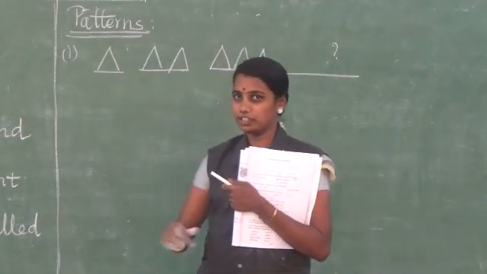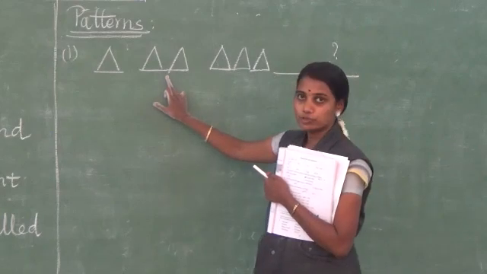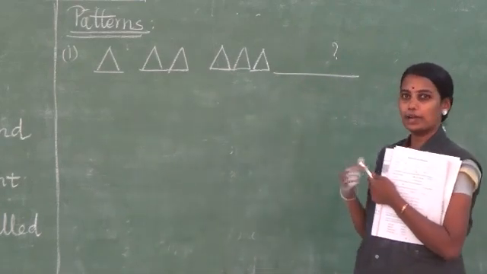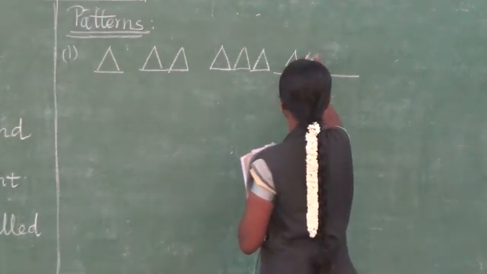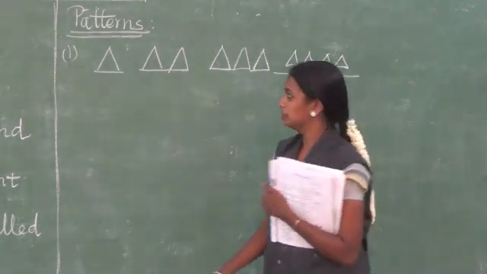First observe the pattern. The first one is a triangle, the second pattern 2 triangles, the third 3 triangles. What will be the fourth pattern? 4 triangles. Yes or no?